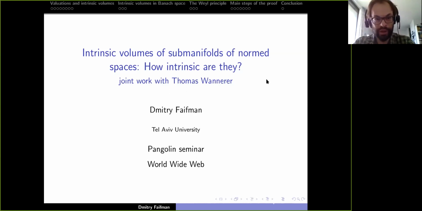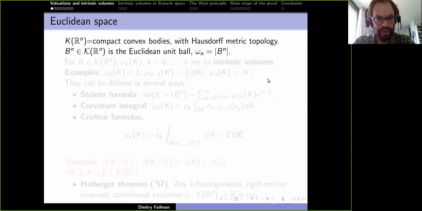Okay, let's start with the classical background. By K^n, we will denote the compact convex bodies in R^n, and we equip them with the Hausdorff metric topology. B^n is going to be the Euclidean unit ball, and we denote its volume by omega_n.